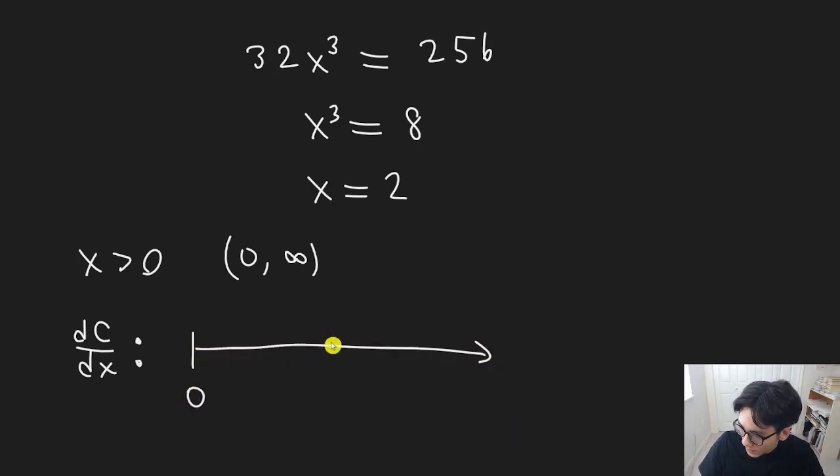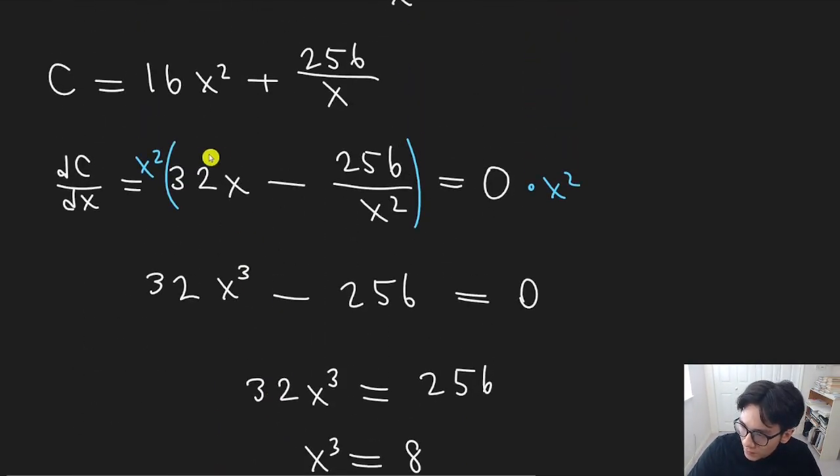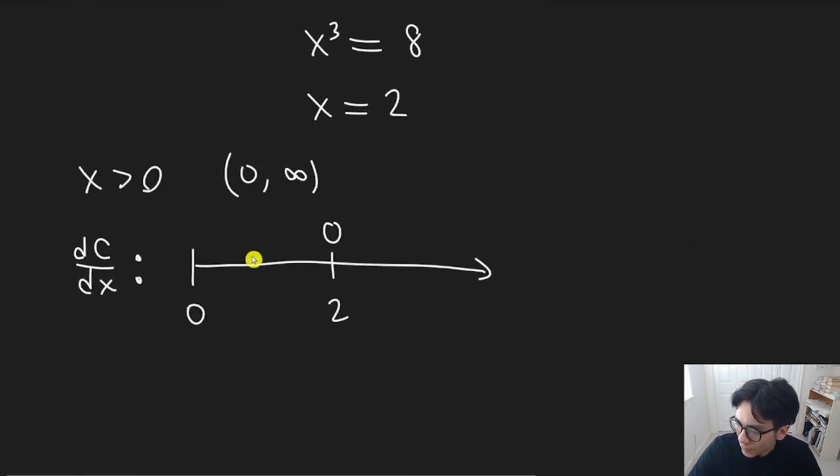Here's 0. Let's say here's 2, our critical point. And we want to test to make sure that it's a minimum. If it's a minimum, we would expect it to be decreasing here and then increasing here. Indeed, if you plug a test point over here into the derivative, so this expression, 32x minus 256 over x squared, for example x equals 1, you will get a negative number.